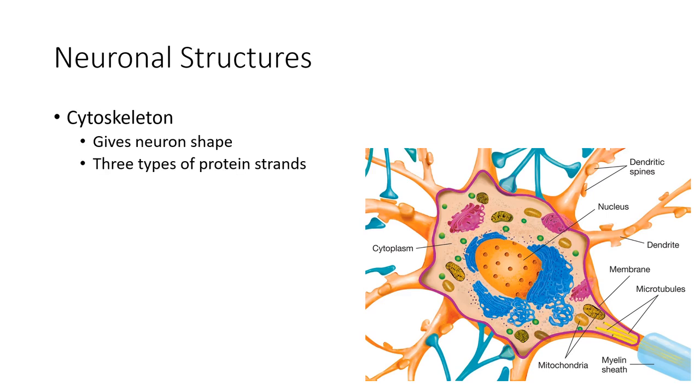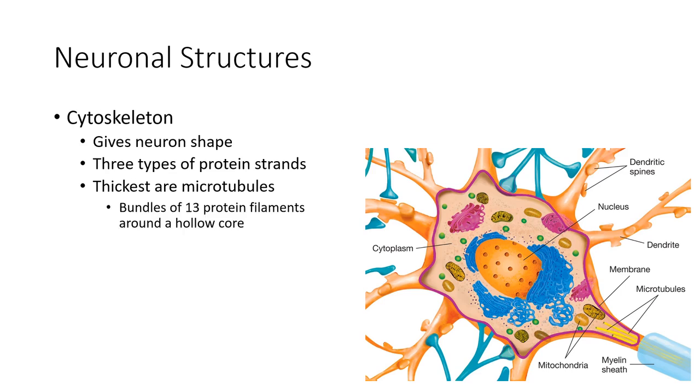There are 3 types of protein strands that compose the cytoskeleton, and the thickest of which are referred to as microtubules. And as you might imagine, that basically just translates to tiny tubes. We can see those here towards the tail end of the cell body, and leaving and moving away from the cell body.